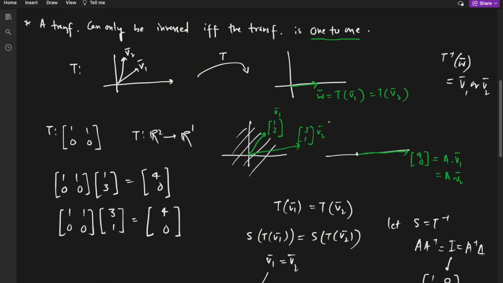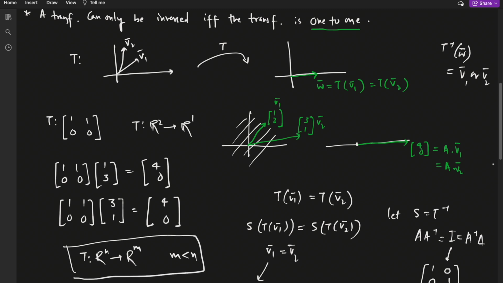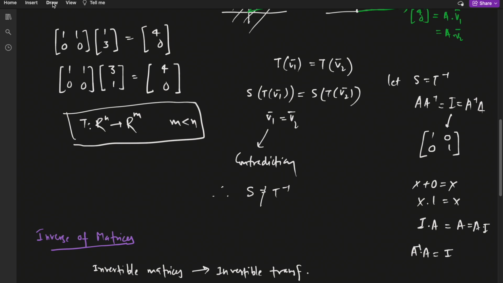And one important thing which we have seen is that if the transformation is moving the input vector space from higher dimension to lower dimension, right? For example, if T is moving from Rn to Rm, given that m is less than n, then T is not invertible.